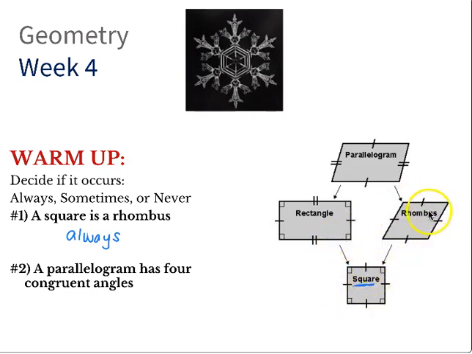A rhombus does not have 4 congruent angles. So a parallelogram only sometimes will have 4 congruent angles. Rectangles and squares do, and they're a type of parallelogram, but rhombuses do not. So that means sometimes a parallelogram will have 4 congruent angles. All right, I'm going to go on to the next slide, so if you need more time, click pause.